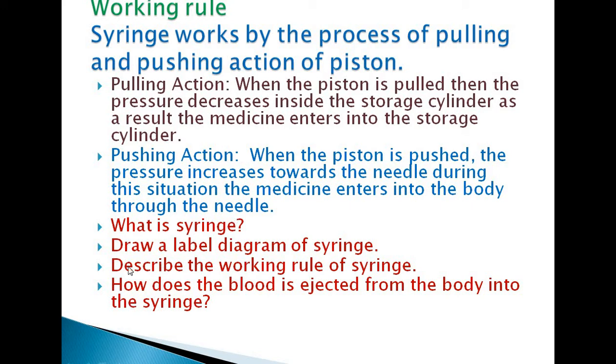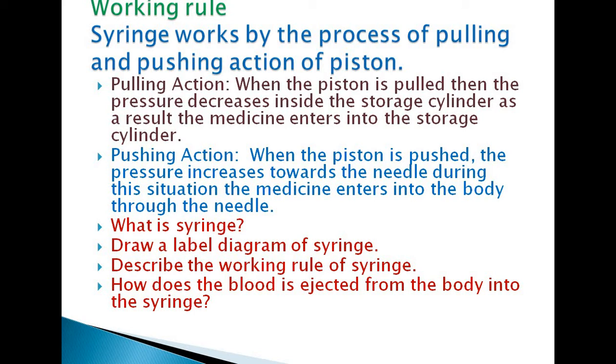We have some questions. What is syringe? Draw a labelled diagram of syringe. Describe the working rule of syringe. How is the blood ejected from the body into the syringe? So actually the blood is ejected from our body by pulling action.